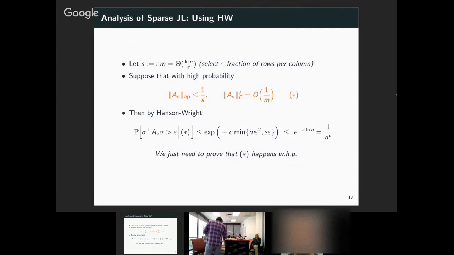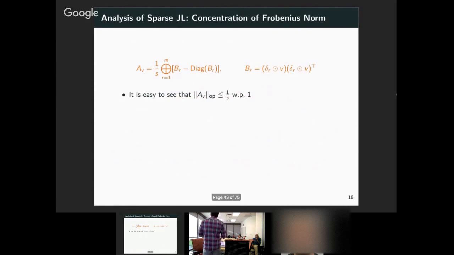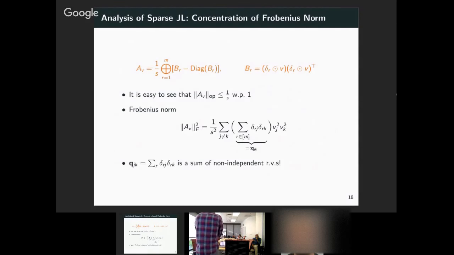Now, this involves two kinds of bounds for this matrix we define here. However, the part regarding the operator norm is very easy. So not only with high probability, it's for sure that the operator norm is upper bounded by 1 over S. The part regarding the masking is significantly more difficult in comparison. And if you just write it down, you get this kind of expression.